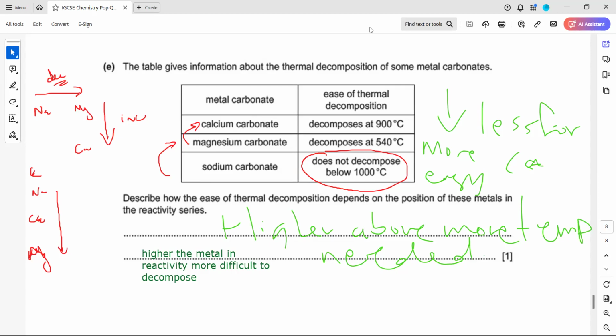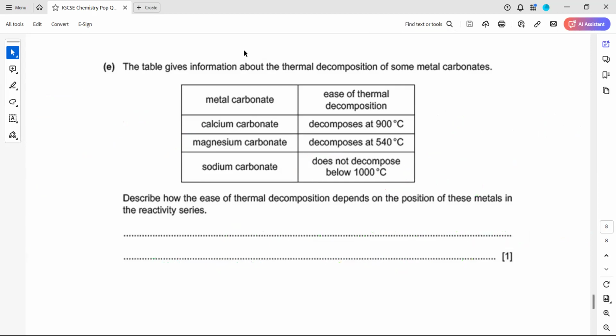Or you can also refer to the period and the groups. You can mention that moving from sodium to magnesium, the thermal stability decreases, meaning moving across. But as we move down the group, the thermal stability increases. You can compare in terms of reactivity, but the question is actually in terms of the reactivity series, that's why we use reactivity. But what if it was not written like this?